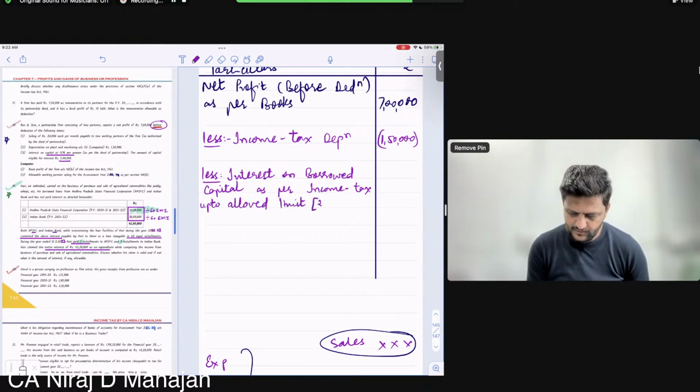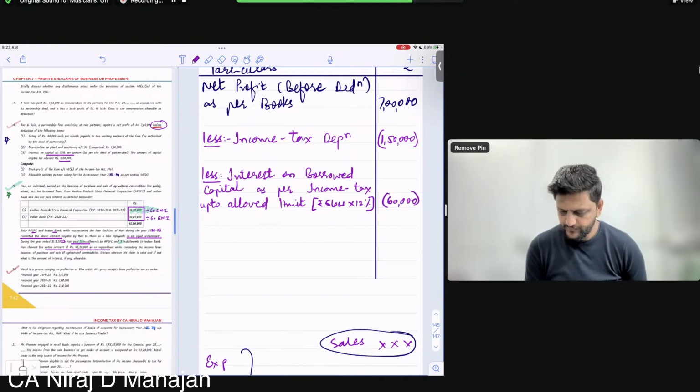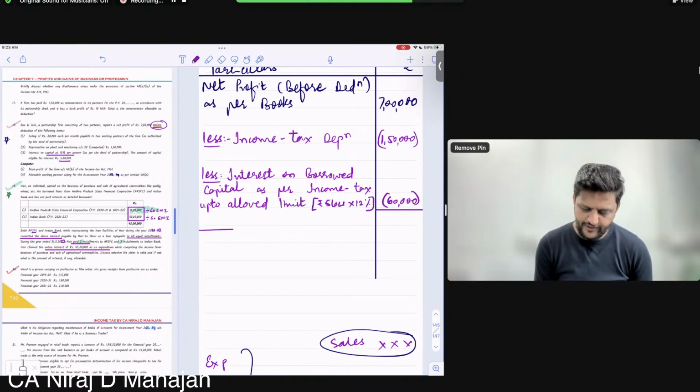Rupees 5 lakhs into what, बच्चों? 12%. 60,000. है ना? Will be allowed. We would disallow, बच्चों, only if it was debited. It is not debited to us. Not given, बच्चों. Okay?